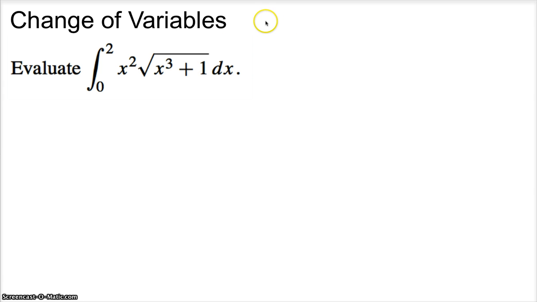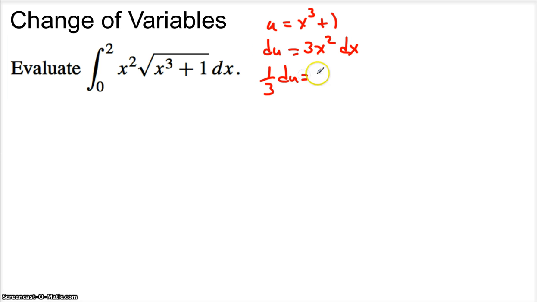The substitution we're going to make is u is equal to x cubed plus 1. So we differentiate with respect to x, and we get du over dx equals 3x squared. But I'm going to multiply both sides by dx anyway. So here we go, and then divide by 3, and we get 1/3 du equals x squared dx.